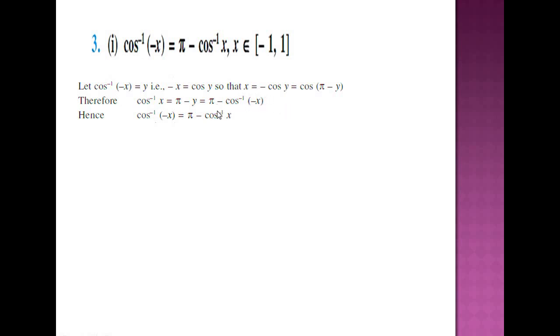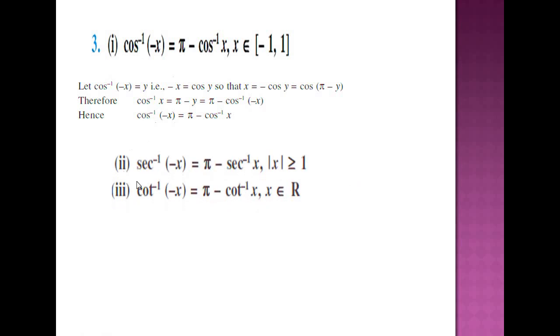Hence I can very well say that cos inverse of minus x is nothing but pi minus cos inverse of x. On the same lines you can say sec inverse of minus x is pi minus sec inverse of x for mod x greater than equal to 1, and cot inverse of minus x is pi minus cot inverse of x, x belongs to real numbers.